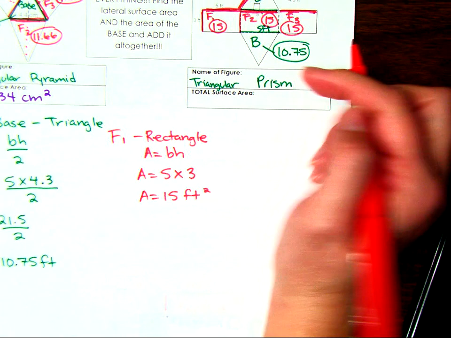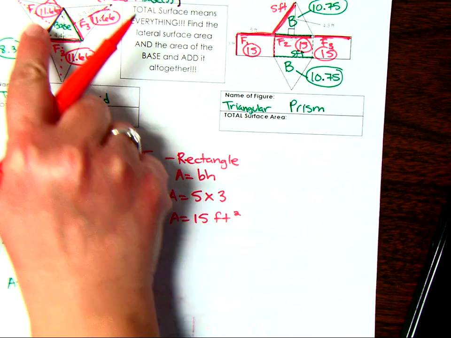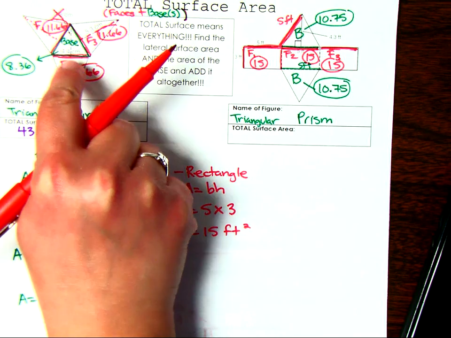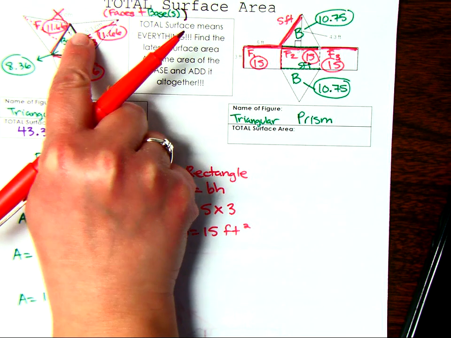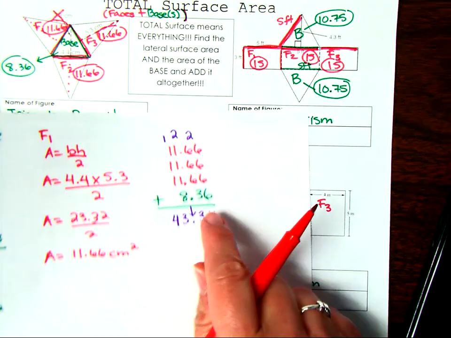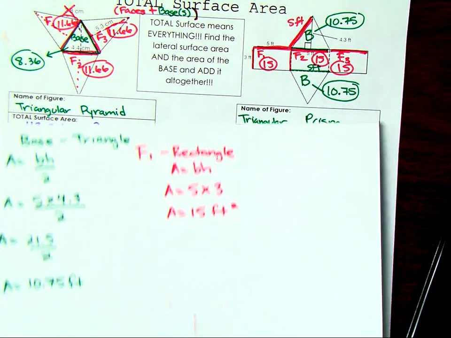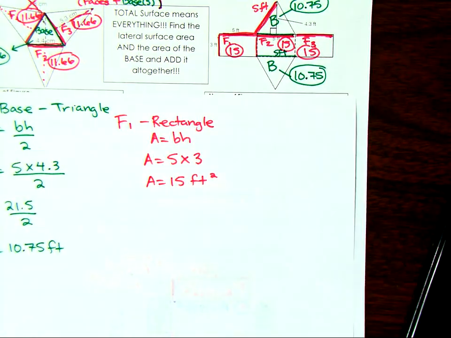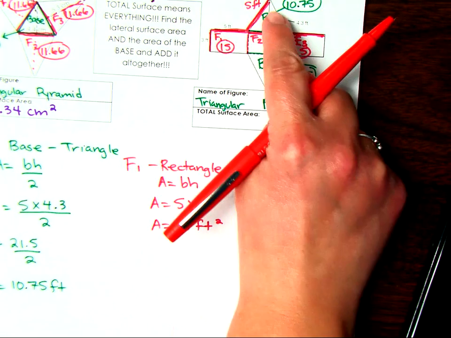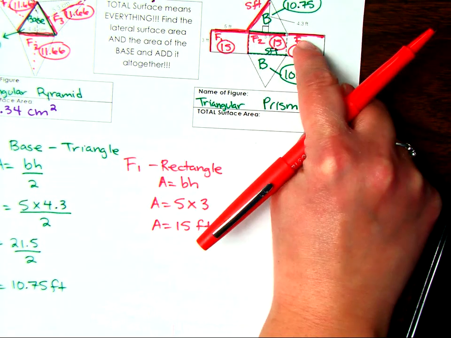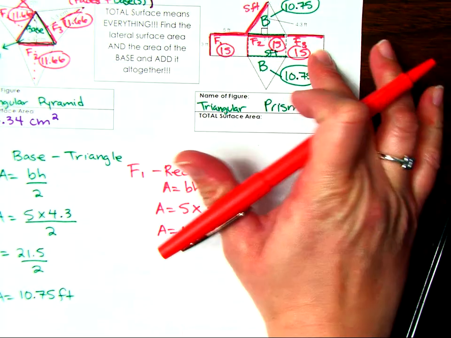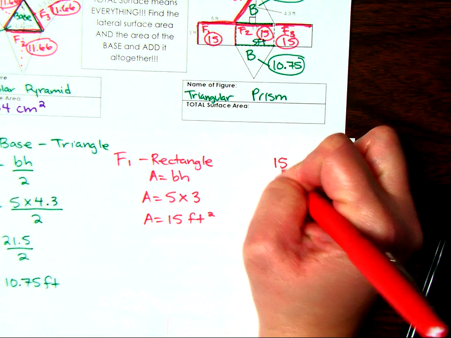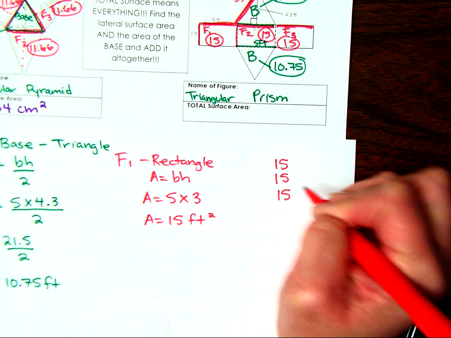Okay? So if you see a triangular pyramid, you have 1, 2, 3, 4 numbers you're adding up, because you had 3 faces and the base. That's why we added 4 numbers over here. Whereas on this one, it's a triangular prism, so you see 1, 2, 3, 4, 5 shapes, because 2 bases and 3 faces. So I have 15 plus 15 plus 15.